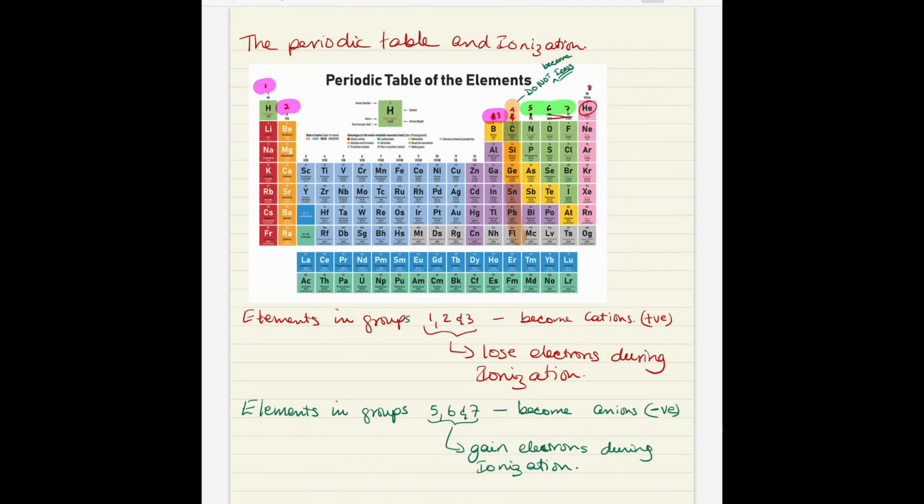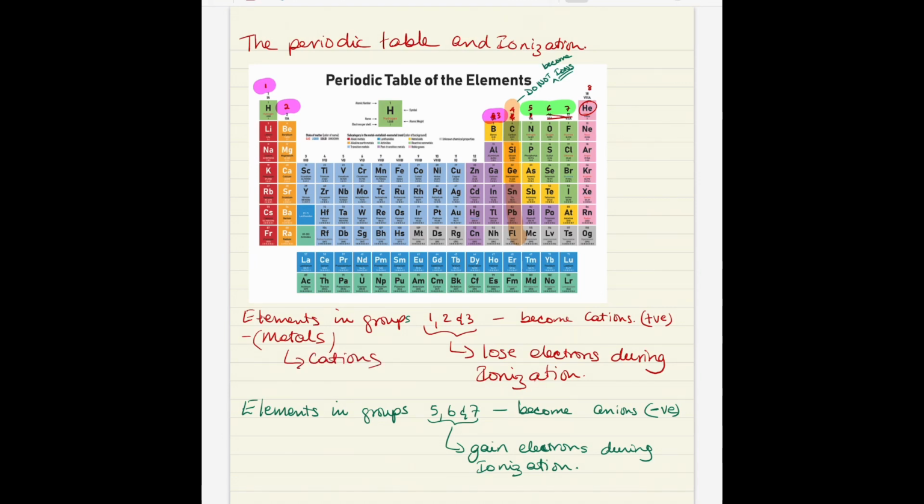Later on, you can talk about them. So we can say typically metals become cations.